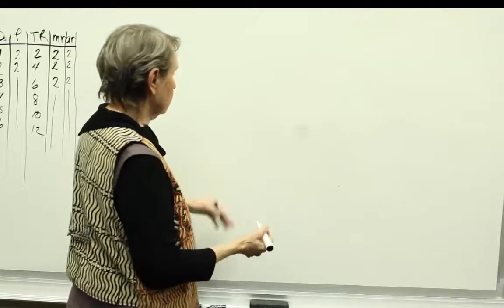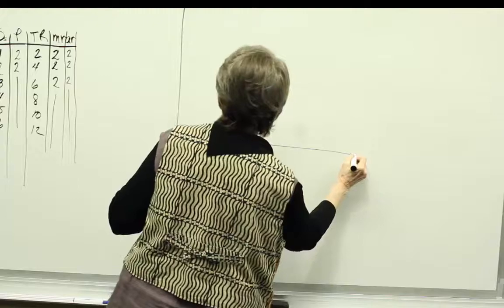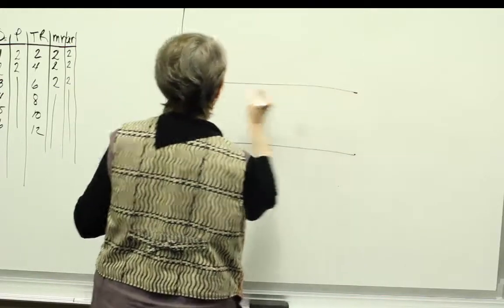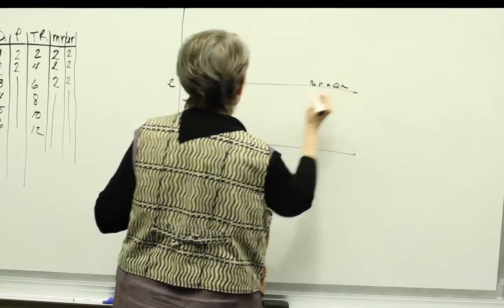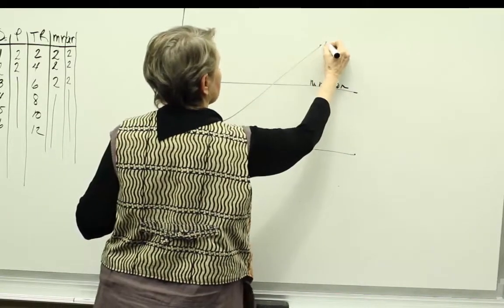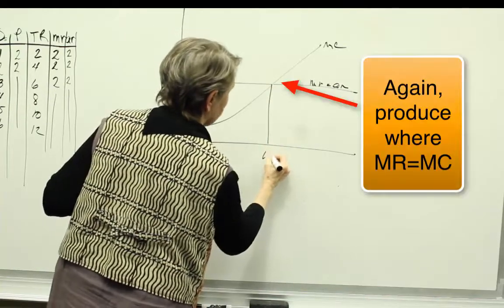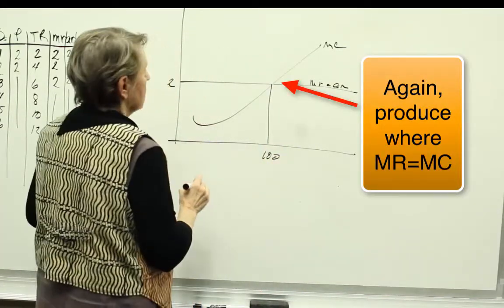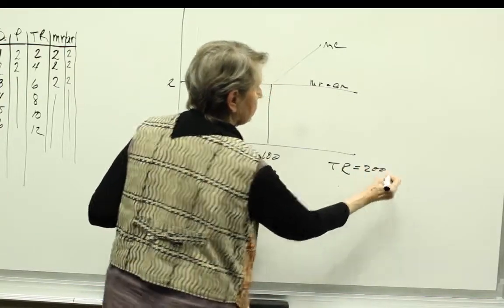Okay, so here is Farmer McDonald. Here's my price, $2. Marginal revenue equals average revenue. Marginal costs produce 100 units. So we can see our total revenue, if we operate, equals $200.